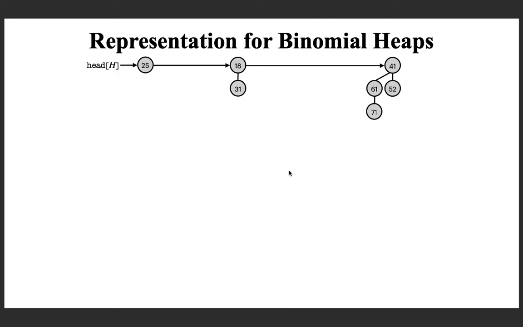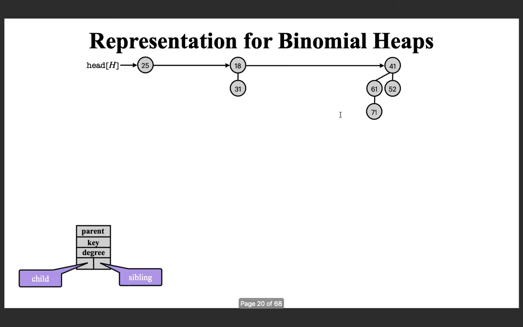Let us use this as a simple example to discuss how we can represent a binomial heap. We are going to use a self-referential data structure. You might have used self-referential data structures for implementing linked lists and binary trees. So we are going to use a node like this, which has these fields.